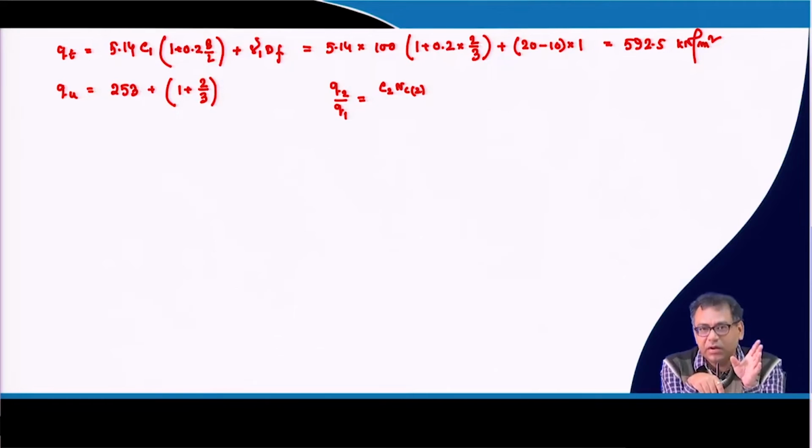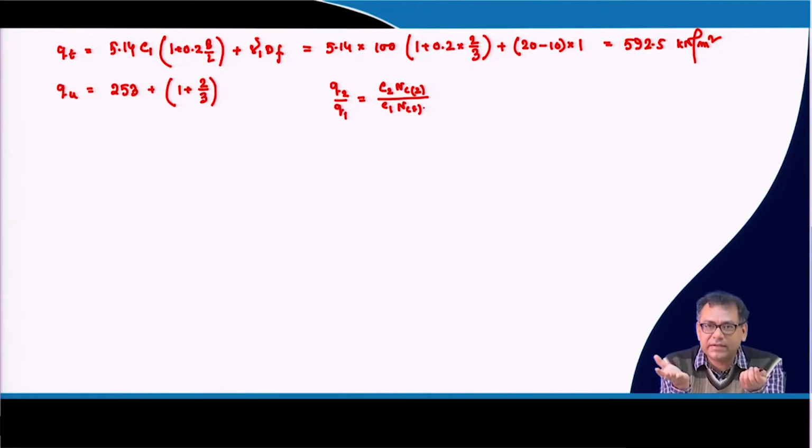So, you will not consider the shape factor. Even if you consider the shape factor, it does not matter, because it is the ratio, it will cancel out. Now for Q1, the first layer, if I put the foundation on the first layer, the same thing will happen, it will be C1 NC1.